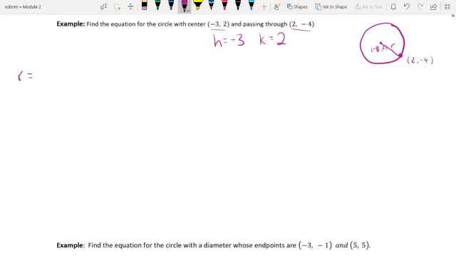So r is going to be equal to the square root of (x2 - x1)², so 2 minus a -3 squared, so that turns into plus a positive, plus (y2 - y1)², so -4 minus 2 squared.